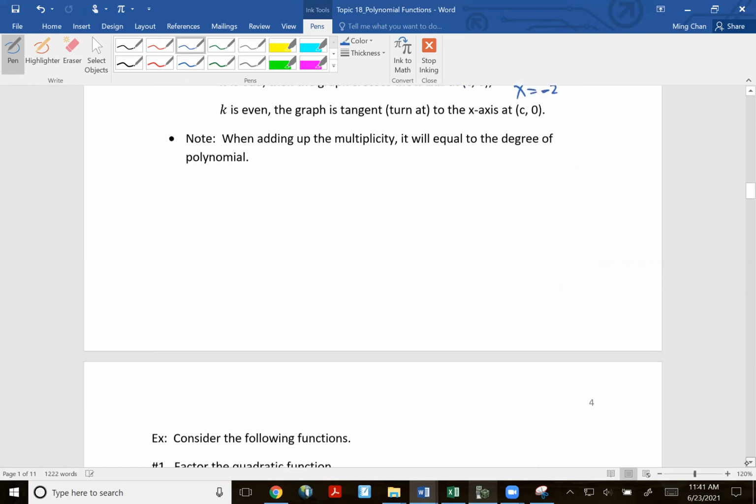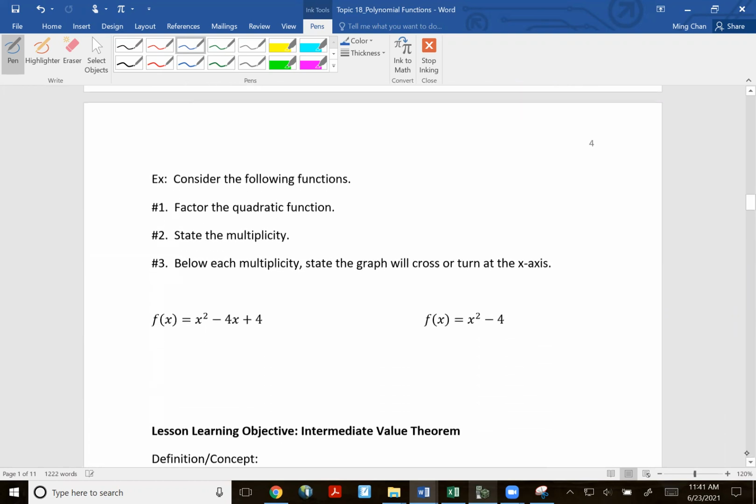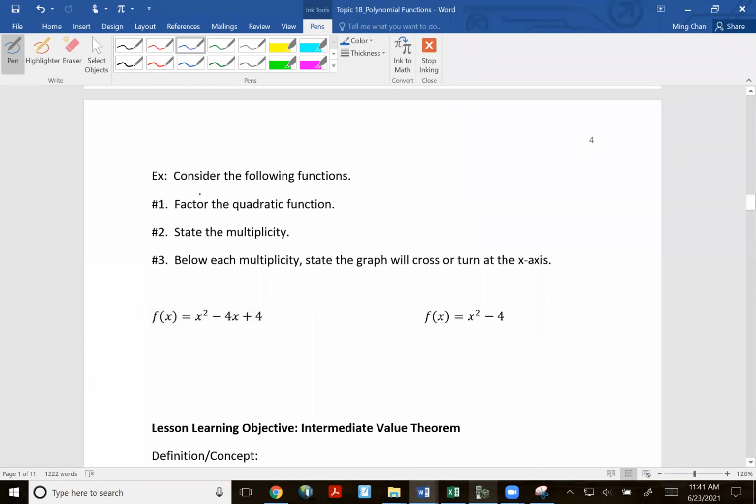So let's give it a try, okay? I just did this one. Factor the quadratic function, state the multiplicity, and below each multiplicity we will state whether the graph will cross or turn. All right, so I just did this one. So I'm going to just rewrite this again, okay? So that's going to be x plus 2 times x plus 2, which literally is x plus 2 whole thing squared.